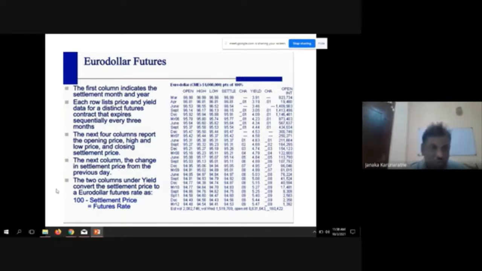Here, if you look at the last one, the two columns and the yield convert to settlement price, the euro-dollar futures rate is 100 minus settlement price. 100 minus settlement price is the futures rate, right?